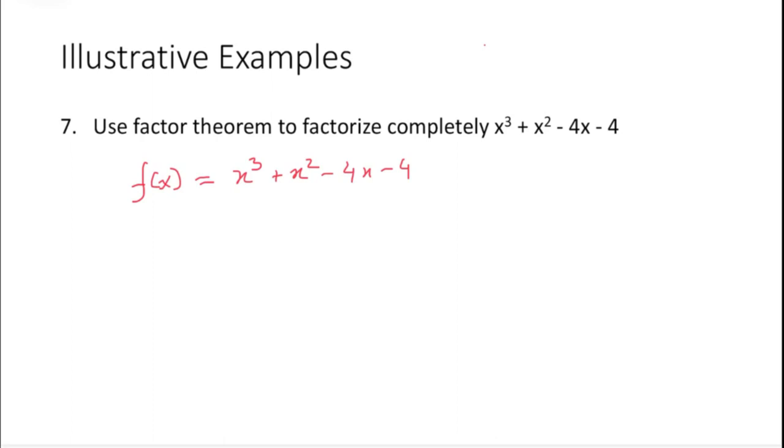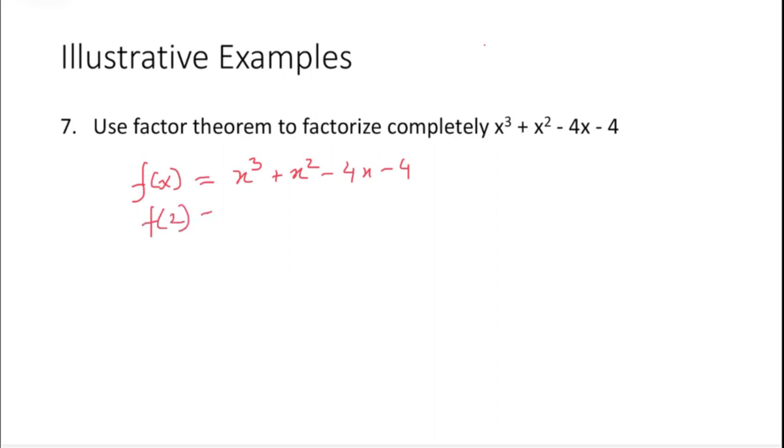So let's use trial and error initially. So we see that if we put in 1, so 1 plus 1 is 2, minus 8, that definitely won't be 0. So let's try with 2. So 2 cube is 8, 8 plus 4 is 12, minus 4 2s are 8, minus 4, that's 0. So we can see x minus 2 is a factor.